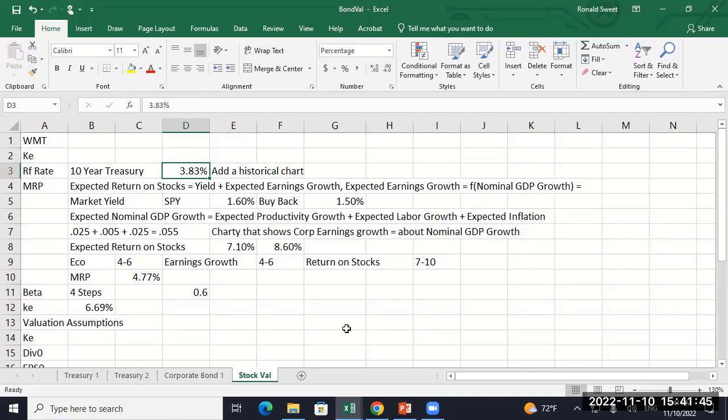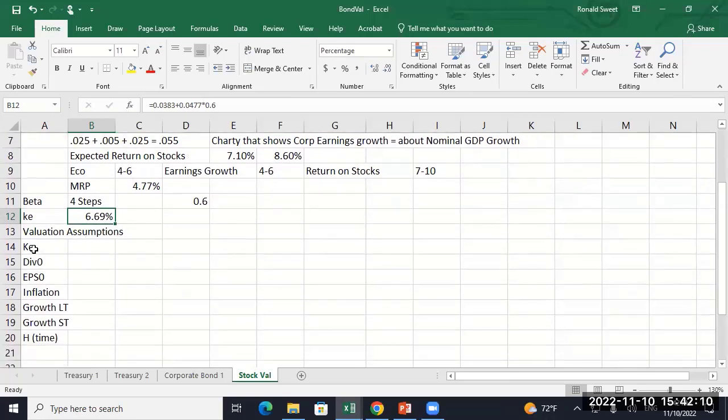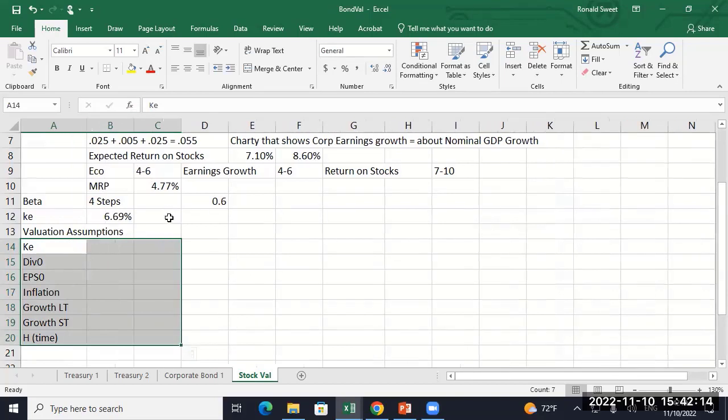I'm in the rounding camp, mainly because I think it's kind of ridiculous to have such precision when we're really doing this. So yeah, I'm at 6.7%. Why use 6.69? It sounds like you have this precision that just doesn't exist anywhere. I've already got my KE. So what I'm going to do this weekend is finish this up. You'll have that. And we'll also have some practice problems, but the 6.69 is there.